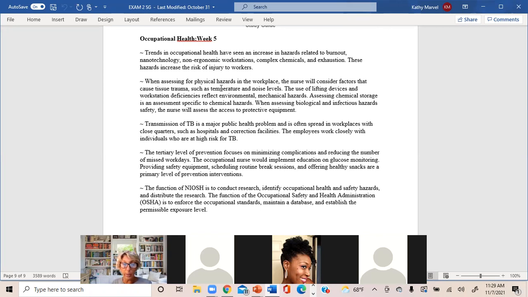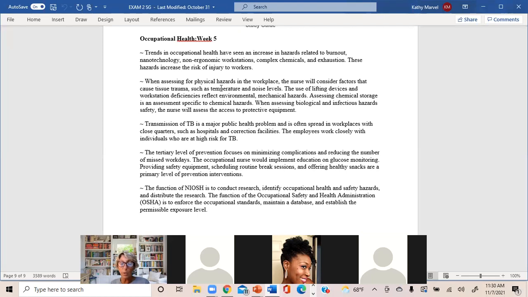So if there's an increase in absenteeism amongst the group of workers who have diabetes, this is what this example is, right? So maybe the occupational health nurse would implement an education program on glucose monitoring.